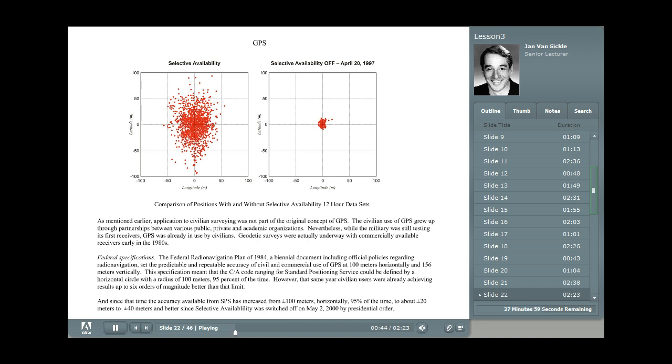However, it became apparent early on that civilian receivers were doing much better than 100 meters, and so therefore selective availability was instituted. This was based upon a dithering of the clocks in the GPS satellite.